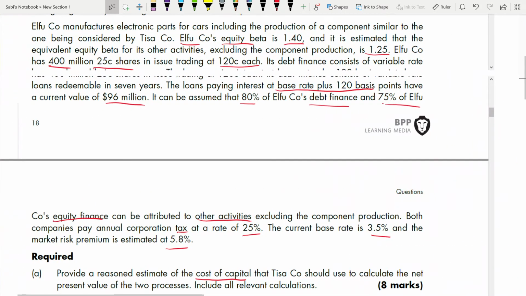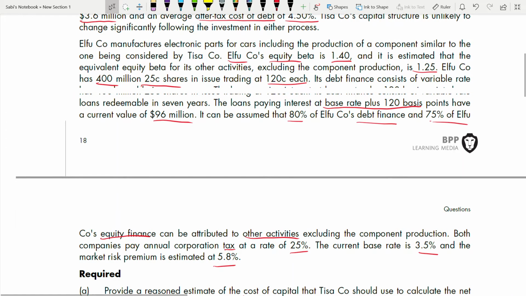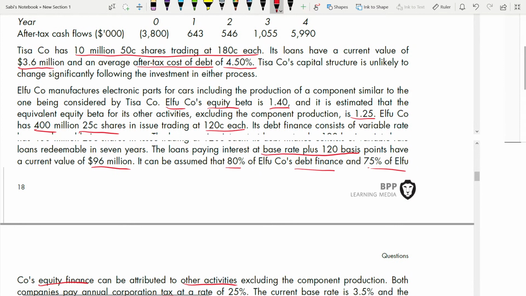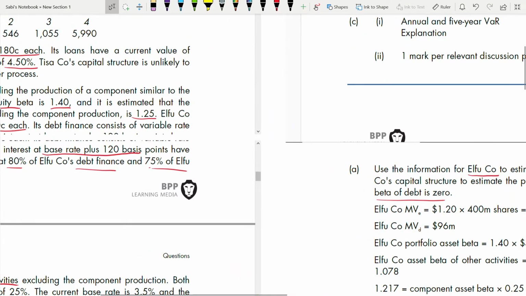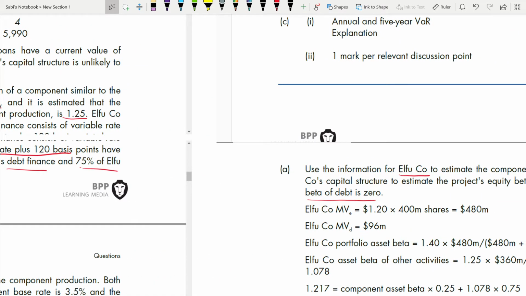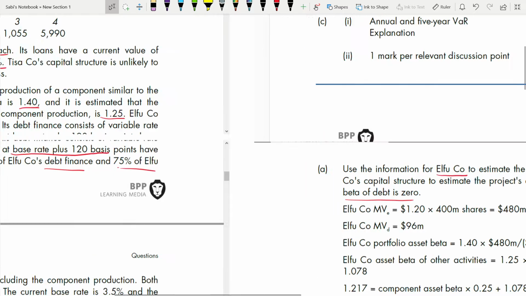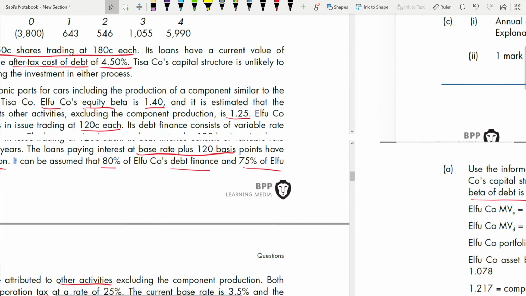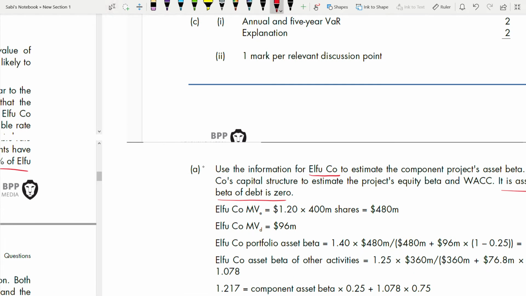L4 company has 400 million shares of 25 cents in issue, trading at 120 cents each. The number of shares is already given, so that is 400 into 1.2.